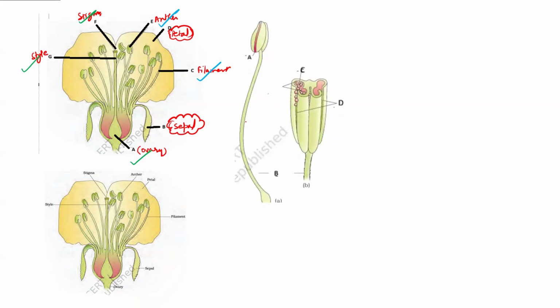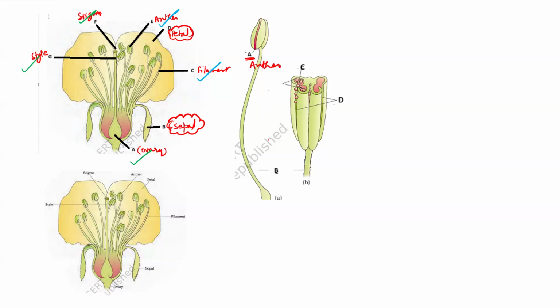Now see next. If this diagram is given, then you should know this is the male part. This is anther. And this is the filament. Filament is also known as stalk. Inside the anther lobes, there are pollen sacs.